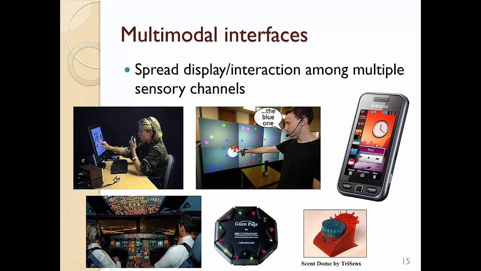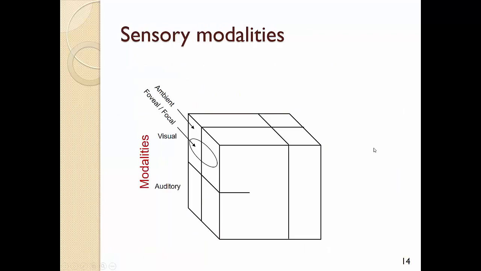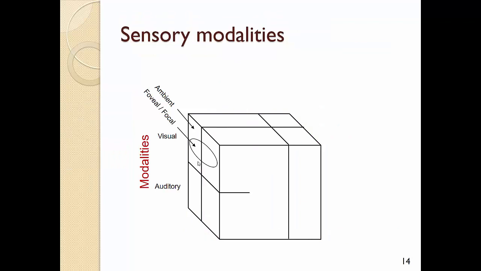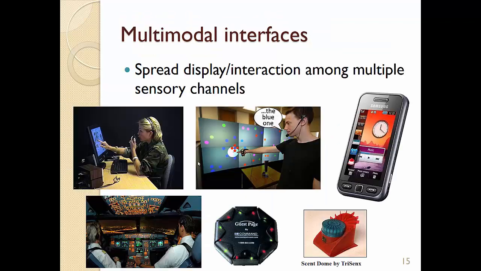I can input what I need either by touching it or by speaking into it, and that's beneficial because if I'm in a context where I've got these resources consumed, and I have the ability to use either vision or audition to perform what I need, then that allows me an option that is relatively under-demanded, right? So there's relatively less demand for one resource than the other, vision or audition. So I can distribute the load across my senses a little bit more evenly. So that's the idea with these.